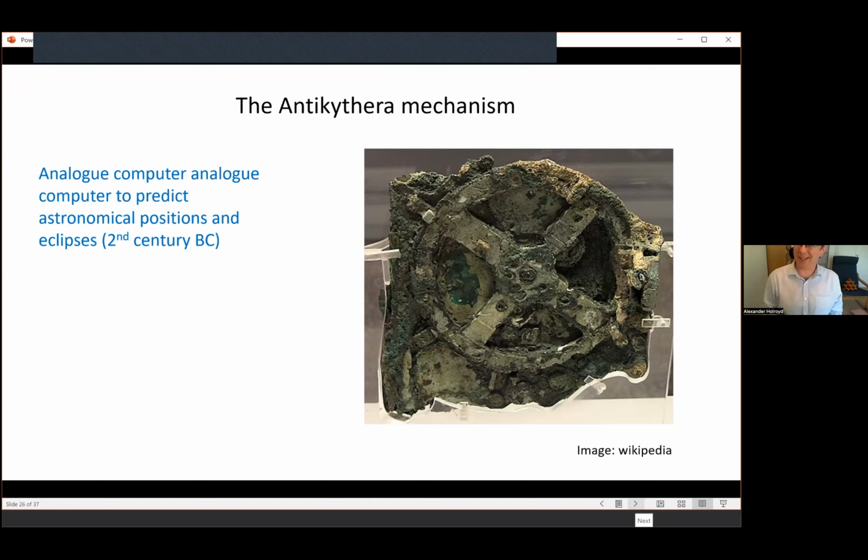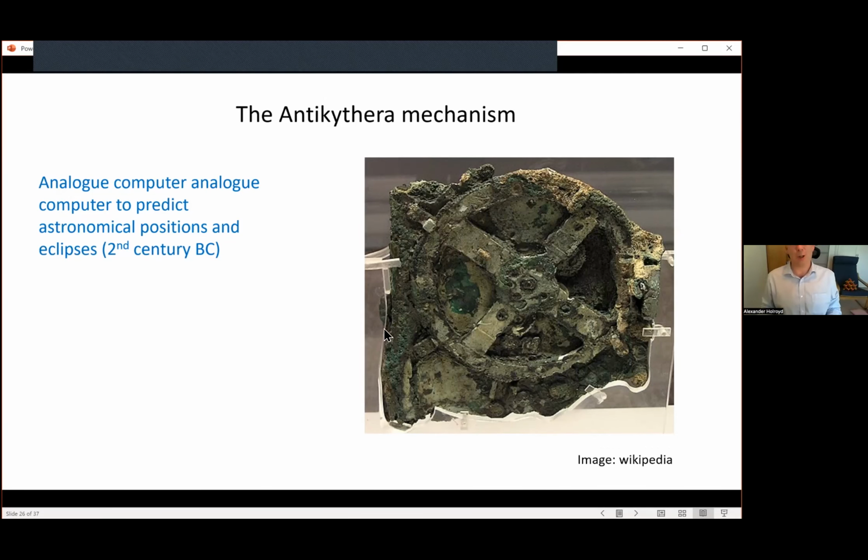Various people did. So the Antikythera mechanism, not sure whether that's the correct pronunciation. This is a remarkable analog computer, which is thought to date from the 2nd century BC. They found the remnants of this mechanism under the sea in Greece.